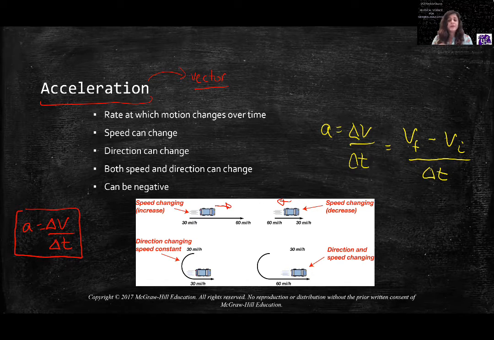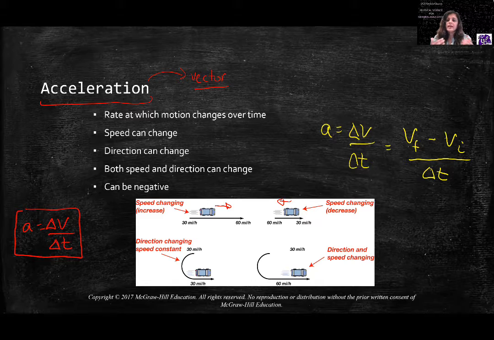Usually when we're accelerating, as we're increasing our speed, the final velocity after a certain time is always going to be greater. But if we're slowing down, our final velocity after a certain time is going to be less than where we started. And if this final velocity gets less, then this small number minus vi, which is larger, is going to give us a negative number.